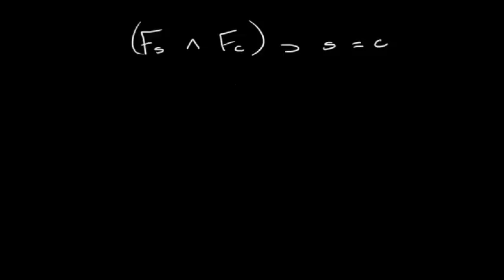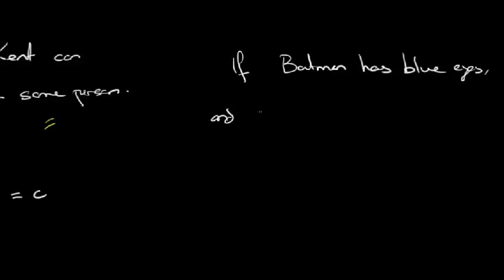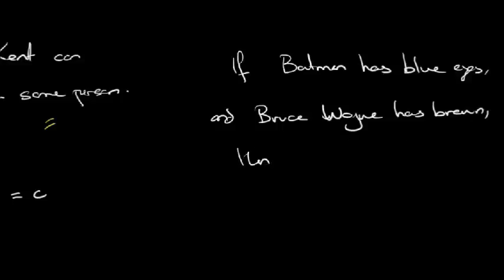Perhaps it makes more sense if we'd said something like this. If we'd said, if Batman has blue eyes and Bruce Wayne has brown eyes, then they are not the same person.